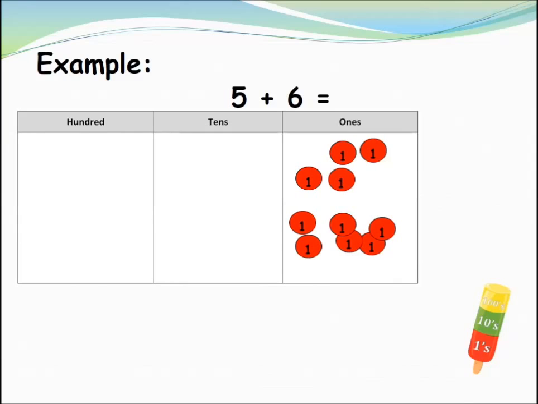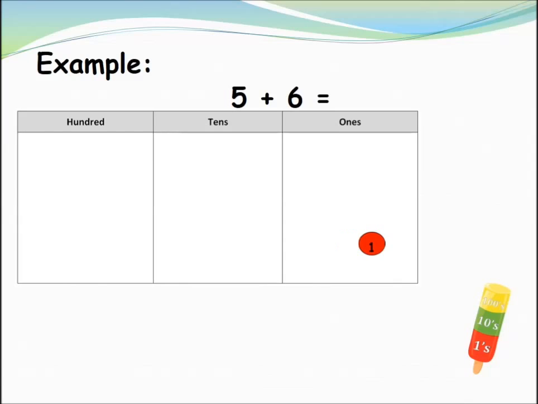Now we take away 10: 1, 2, 3, 4, 5, 6, 7, 8, 9, 10, because we're going to trade that for one 10. Now our answer is one 10 and 1 one, which gives us the answer 11.